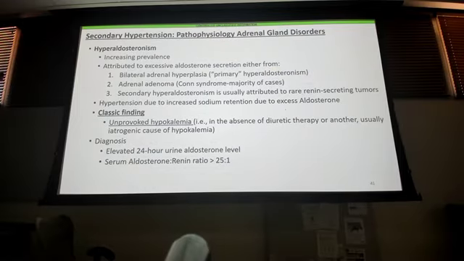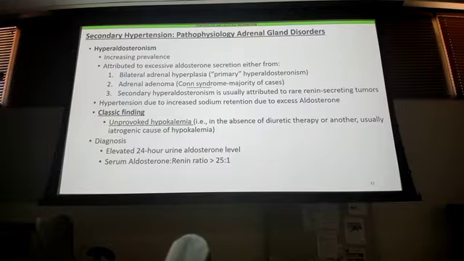And then we talked about the next form of secondary hypertension, which is hyperaldosteronism, where you have excessive amounts of aldosterone being secreted, and the most common cause is a little tumor, an adenoma, that is producing aldosterone without any kind of feedback on its secretion.